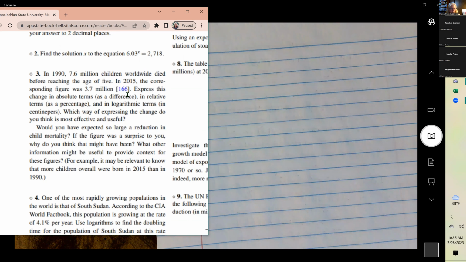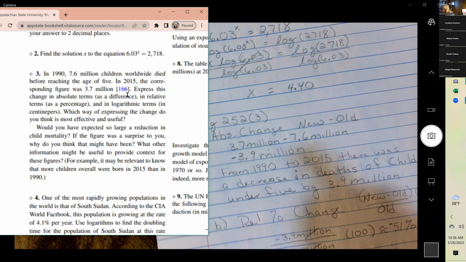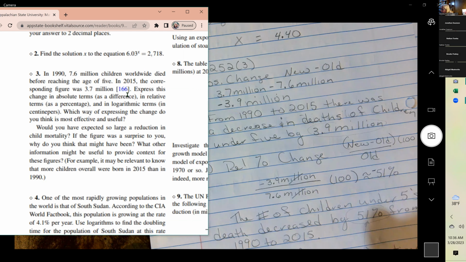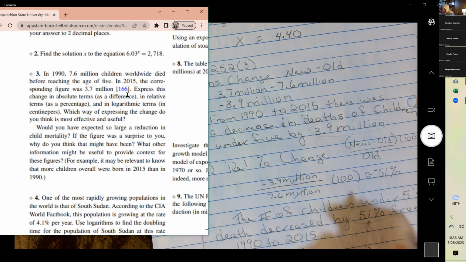One more. Do we have to write a sentence for C? Yeah, it would be the exact same sentence as the one above, except you'd put this in. So it was a decrease. This would be 72 centimeters.